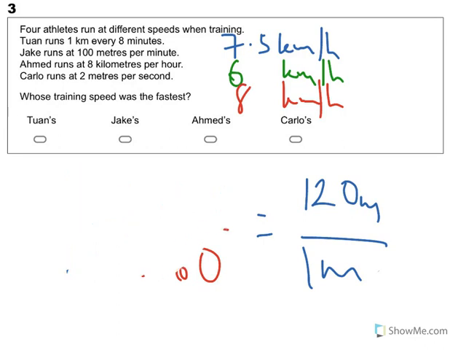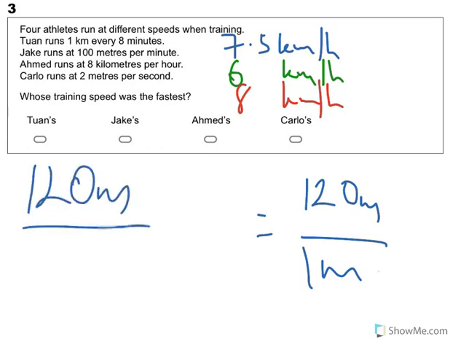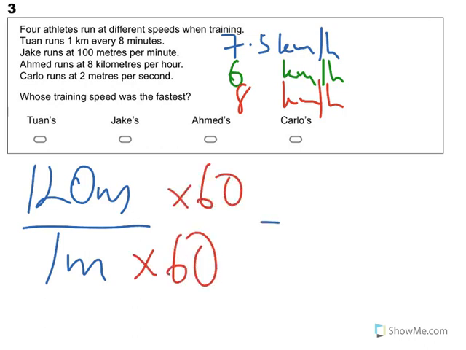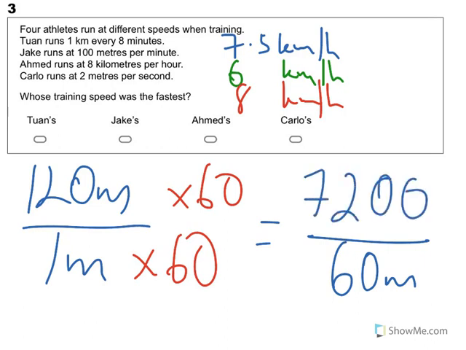I've got 120 meters per 1 minute, and I need to change that into hours, so I'm going to times by 60 again to change that into an hour, and I times the top by 60 as well. So that is 60 minutes in the bottom, which is an hour, and 120 times 60, 12 times 6, 72, and add the 2 zeros. So that is 7.2 kilometers. So the last one is 7.2.